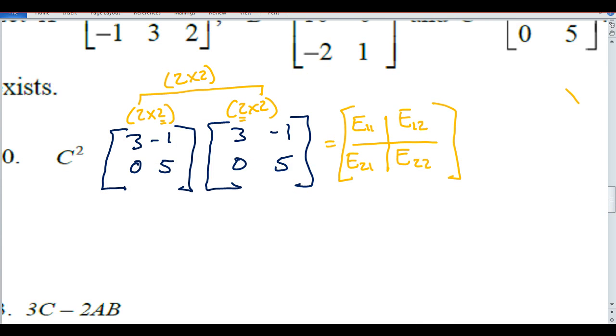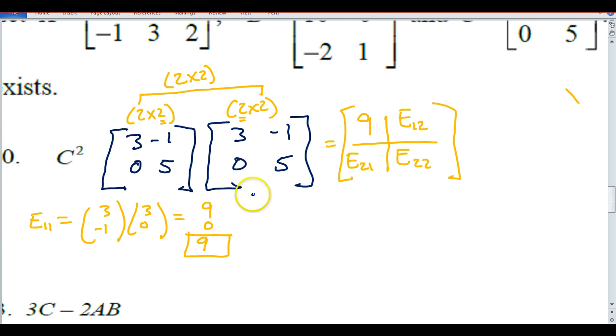Let me start with element 1,1. That's row 1, column 1. Row 1 is 3, negative 1. Column 1 is 3, 0. 3 times 3 is 9, and that's 0, so that's 9. So that tells me this is 9.